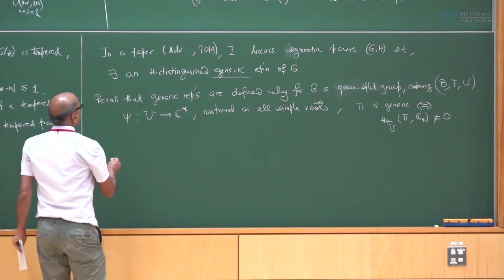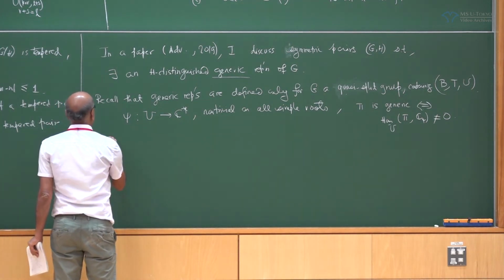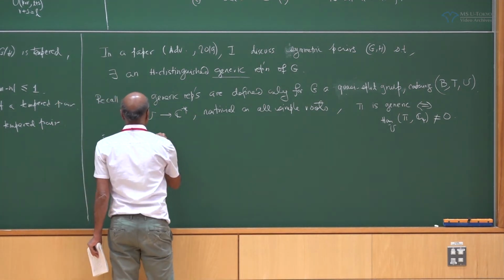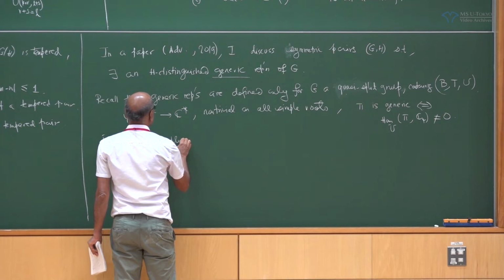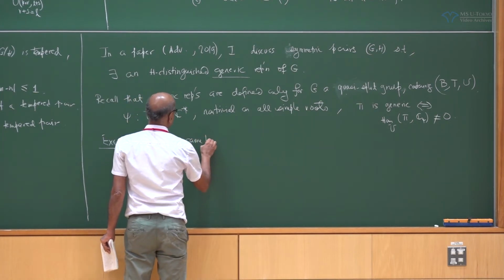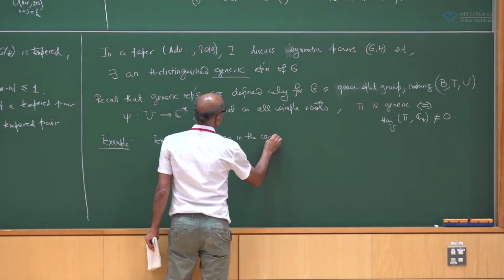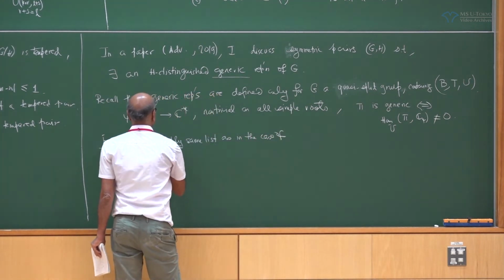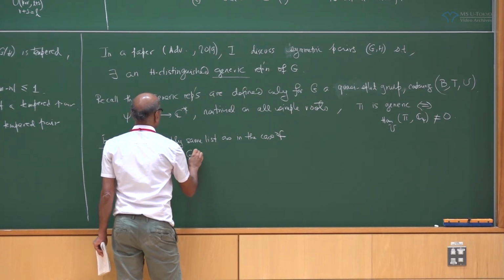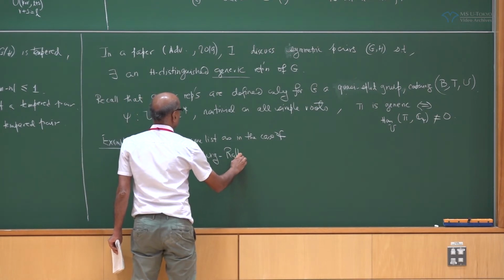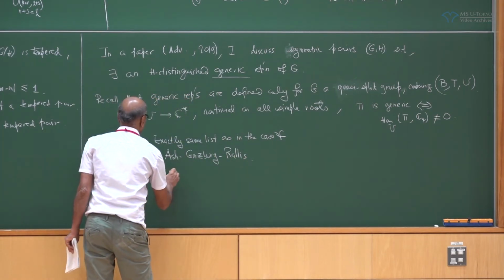So I will state the precise theorem, but somehow the upshot is that the example list is exactly the same as in the case of Galois pairs.